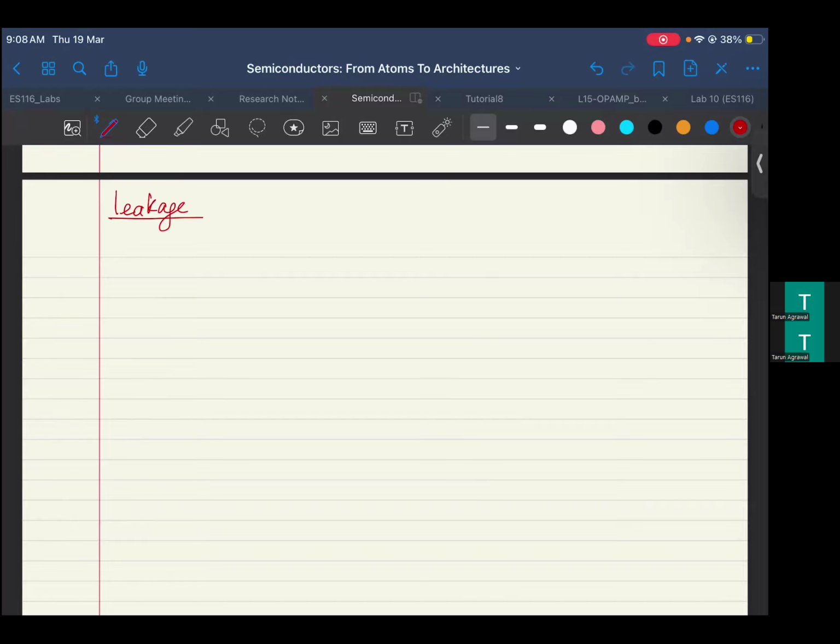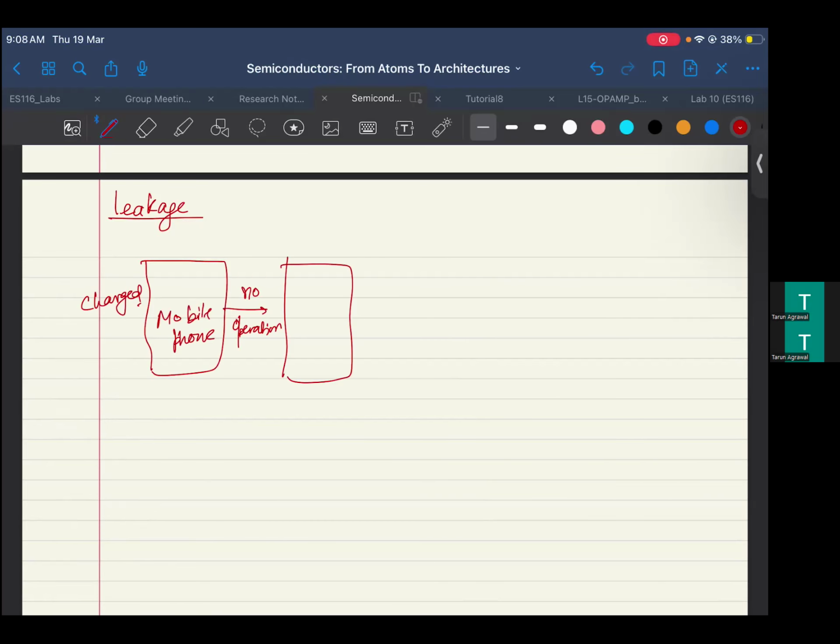You've seen that you have a mobile phone. Let's say you charge the mobile phone, it's fully charged, and you keep it off. You are not operating, there is no operation. But still you see that your mobile becomes like there is no battery.